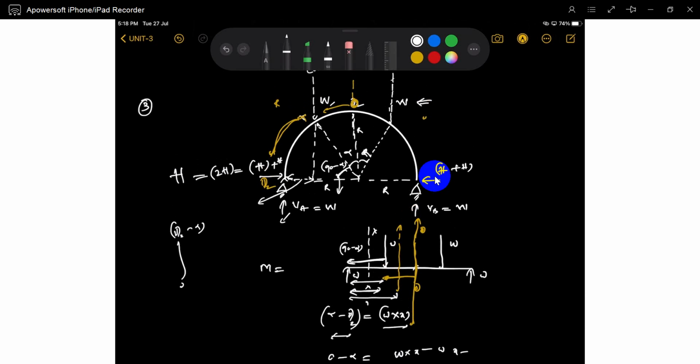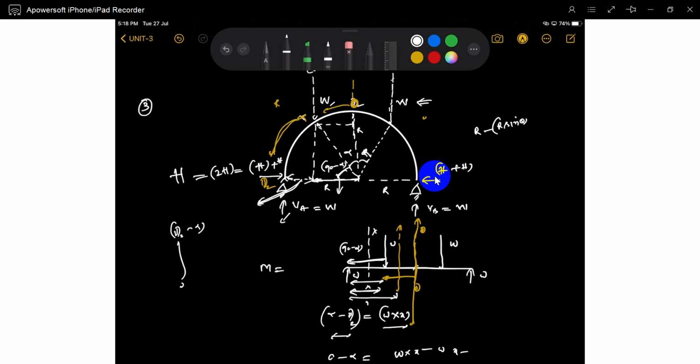This is 90 minus theta. So exactly, this is r sin theta. This is r minus r sin theta. That is exactly this value.